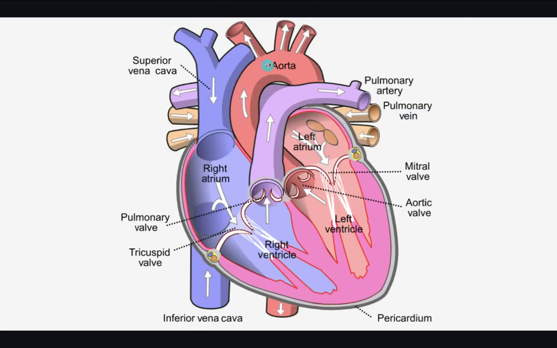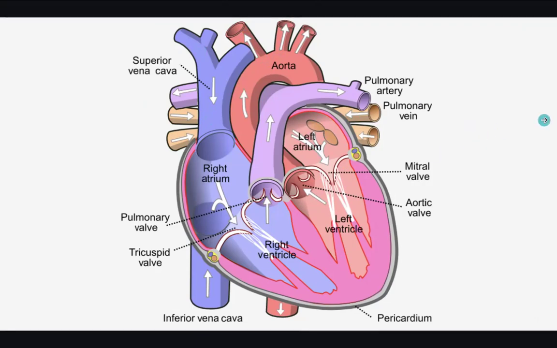So the aorta would be the main artery leading the oxygen-rich blood from the heart going to the different parts of the body. So it goes to our different organs or different tissues, which will perform what we call systemic circulation. Okay, so the heart is actually very much overworked because it cannot afford to actually stop beating.